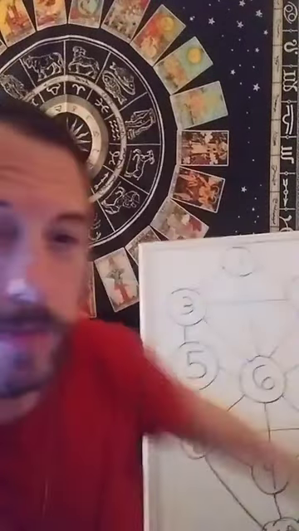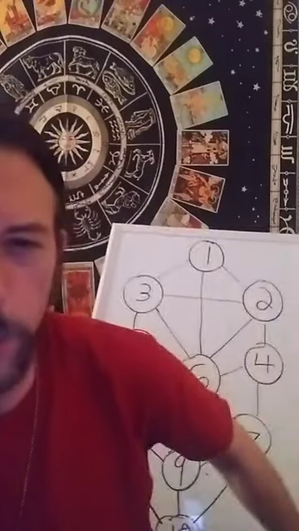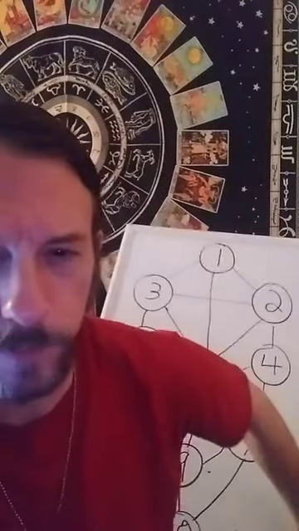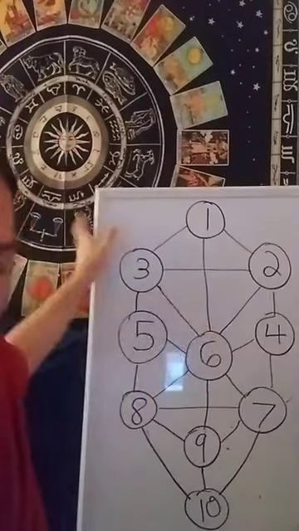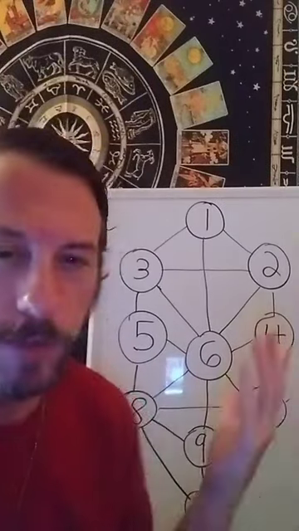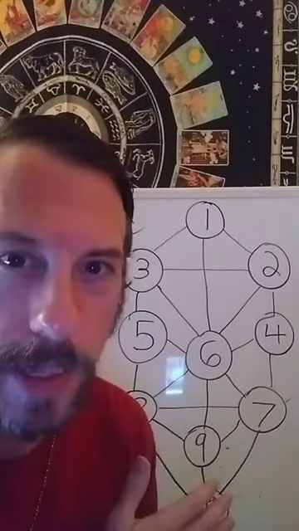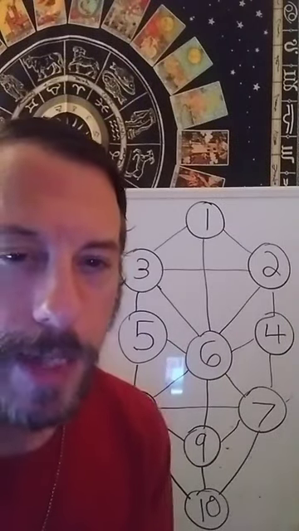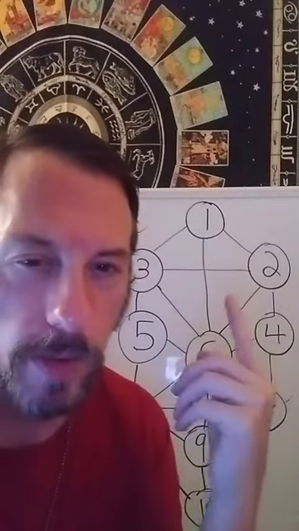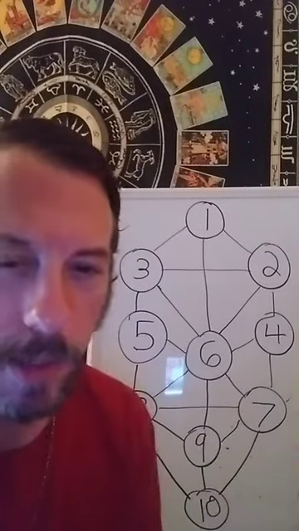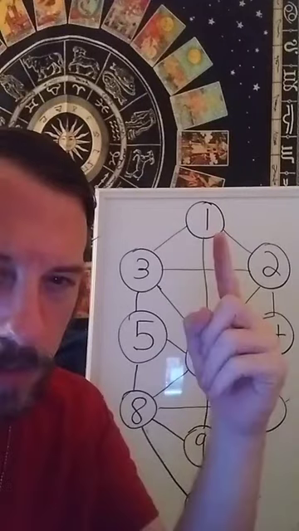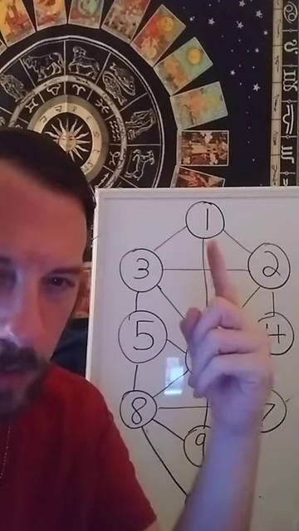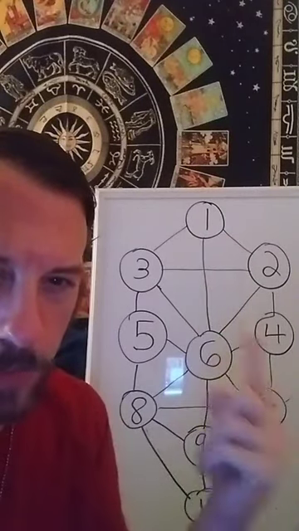Here we have an image of the Kabbalistic Tree of Life. Essentially, this is a glyph of the universe. It is a map of the universe. It is a map of our own psyche. And the whole of the tarot can be placed on the Kabbalistic Tree of Life. The aces are in Keter. The 2s, 3s, 4s.